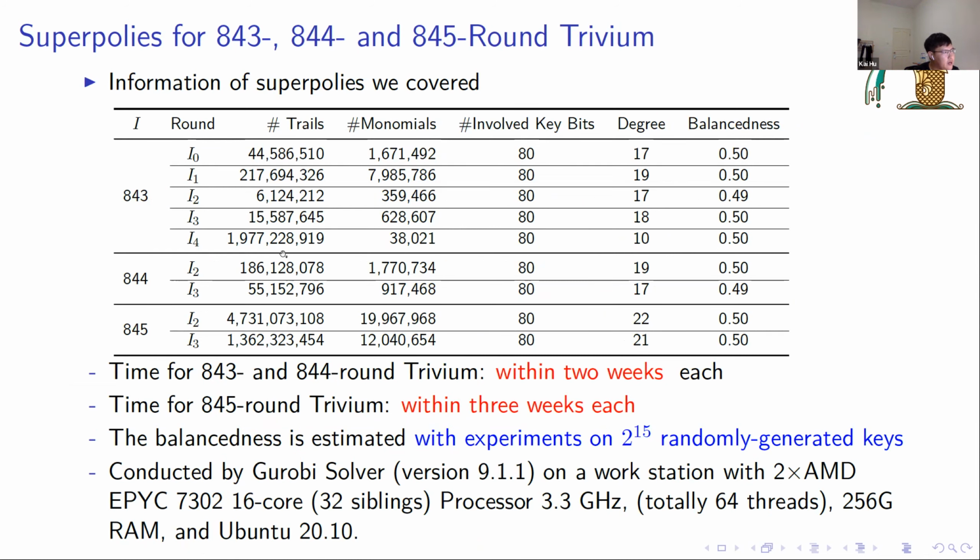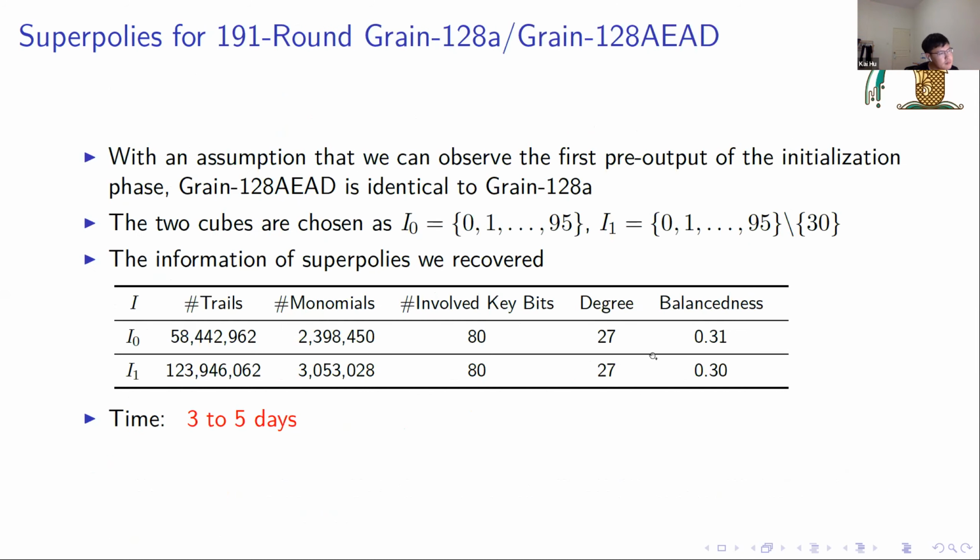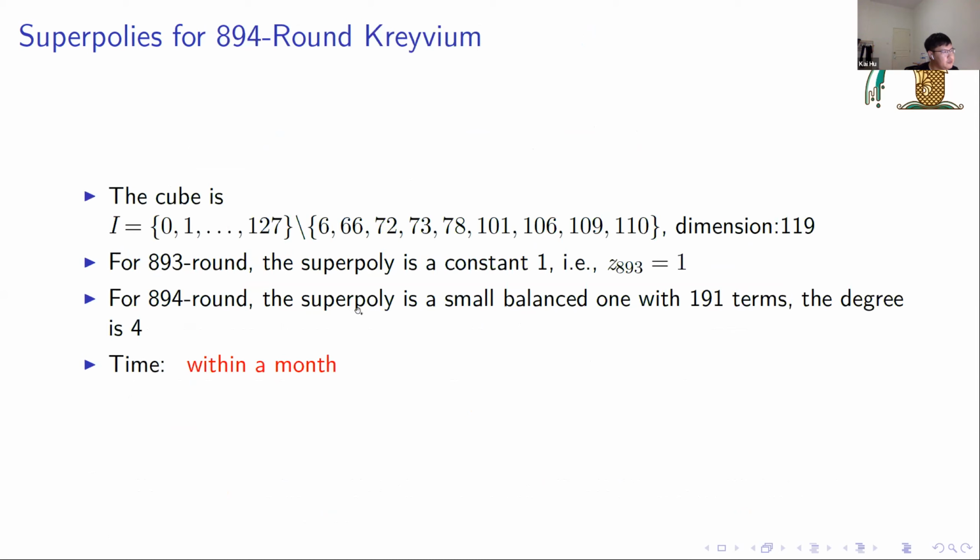You can see the division trials are many, and the terms are also huge. This superpoly can be recovered within about 3 weeks. And this is the result for Grain-128AEAD rounds 1 to 8. And we also recover improved superpolies for Trivium.